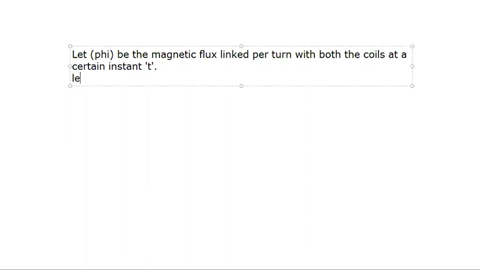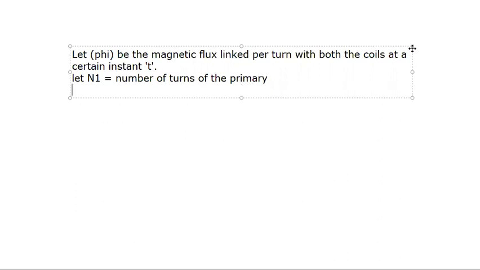Let N1 be the number of turns of the primary, and let N2 be the number of turns of the secondary.